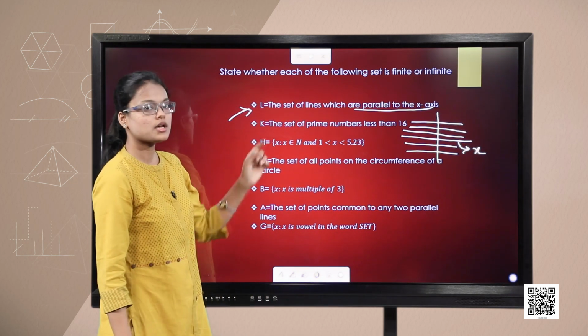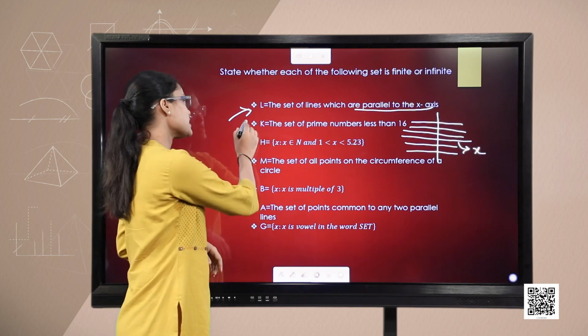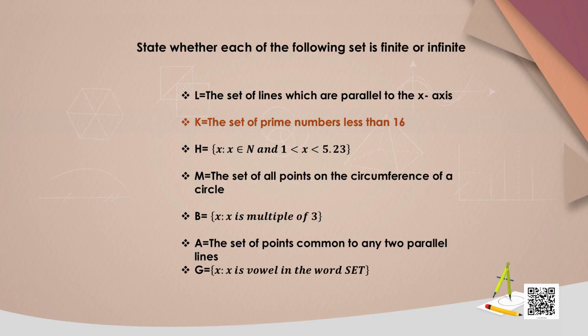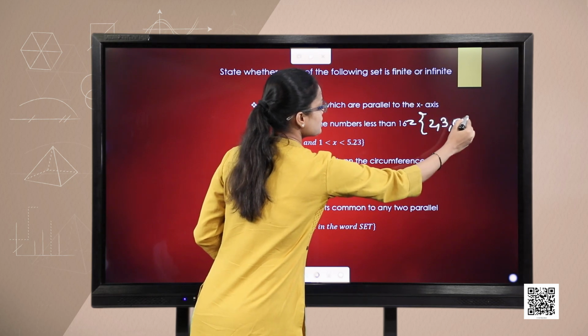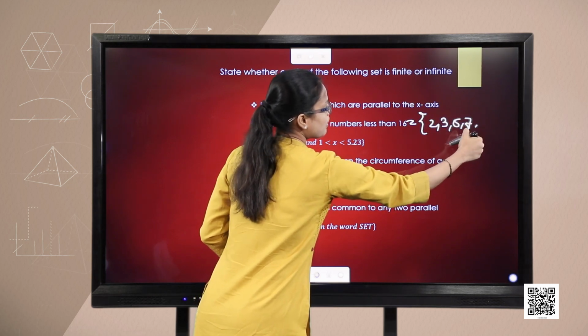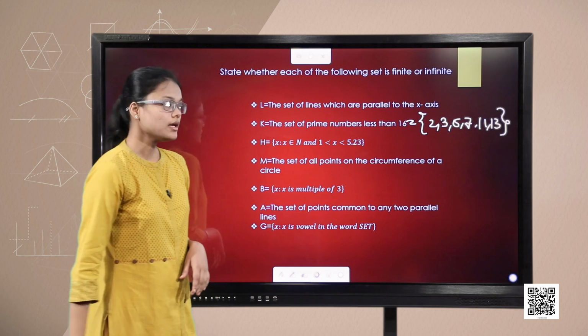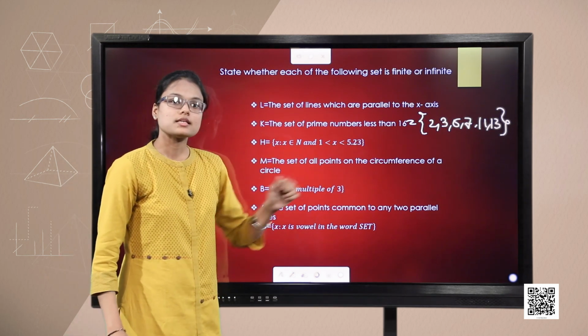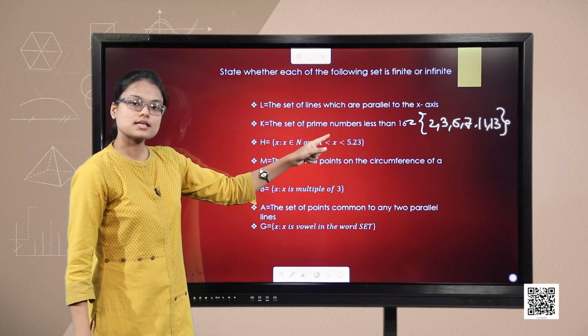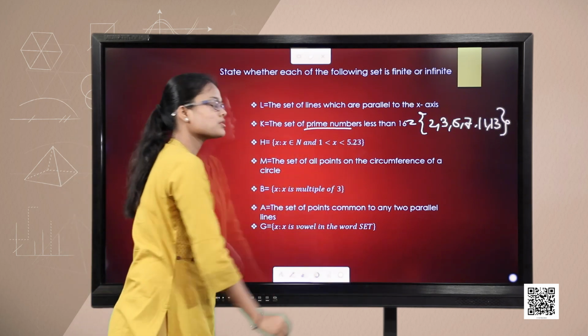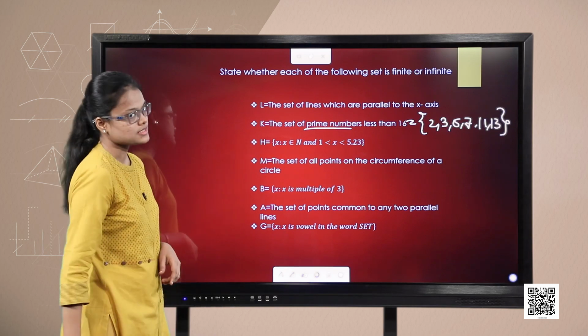So, the set L becomes an infinite set. Now, set K, the set of prime numbers which are less than 16. Let us first list all the prime numbers less than 16, which are 2, 3, 5, 7, 11 and 13. You may see a definite number is there, 6 elements. So, yes, the set K is a finite set.